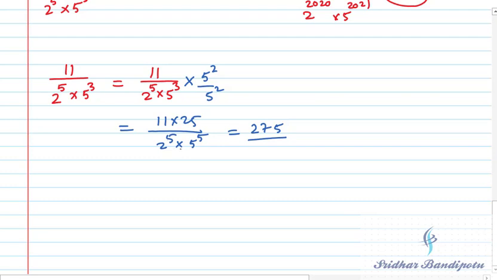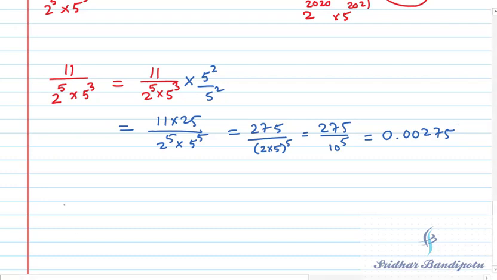This is a to the power of m into b to the power of m, a into b whole to the power of m. So we can write 2 into 5 whole to the power of 5. So 275 by 10 to the power of 5. Now after how many decimals it terminates? 5 decimals. Then what is decimal form? That is 0.00275. Okay, is it clear?